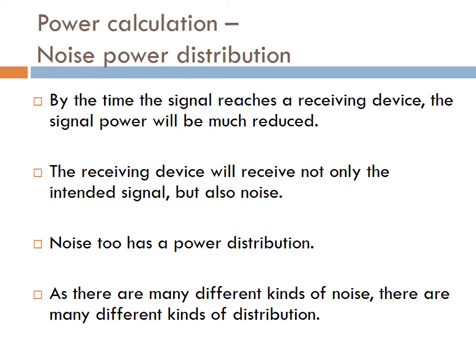When the signal reaches a receiving device, the signal power will be much reduced, of course. The receiving device will receive not only the intended signal but also noise. Noise too has a power distribution. As there are many different kinds of noise, there are many different kinds of distributions.